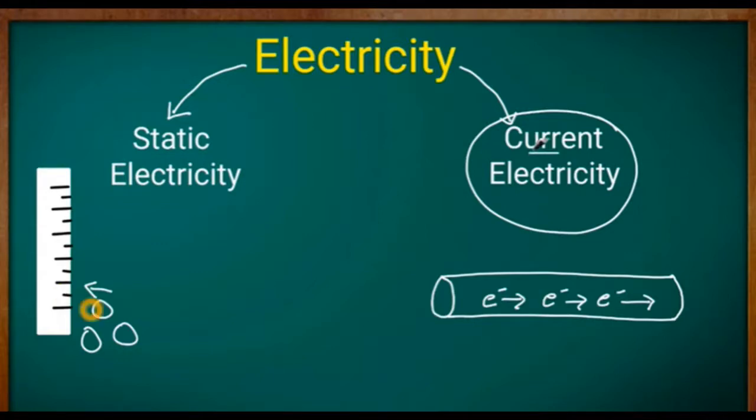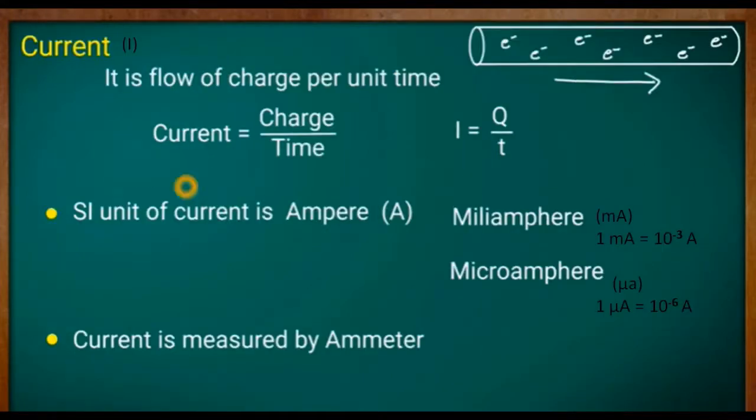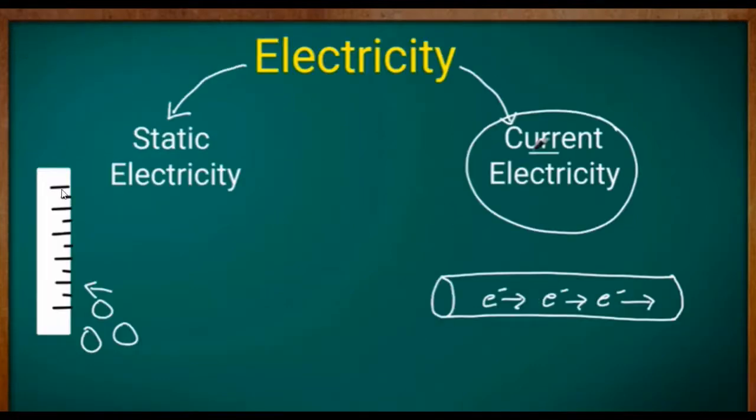They just exert a force on these tiny pieces of paper so that they are attracted, but they don't move. So that kind of electricity is nothing but static electricity. So the charge acquired by this scale is an example of static electricity, because these charges do not move.